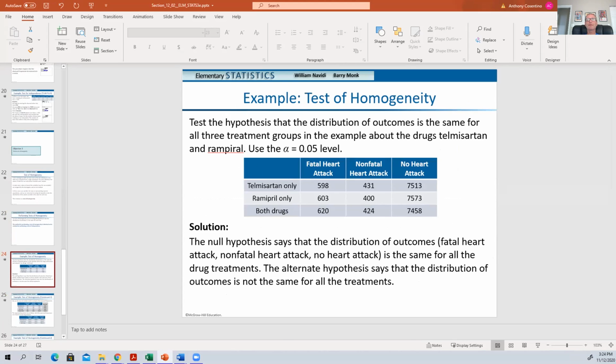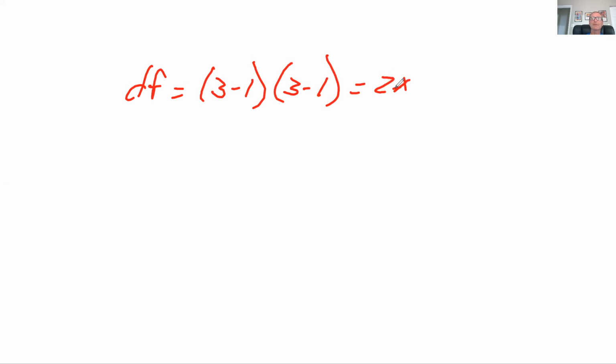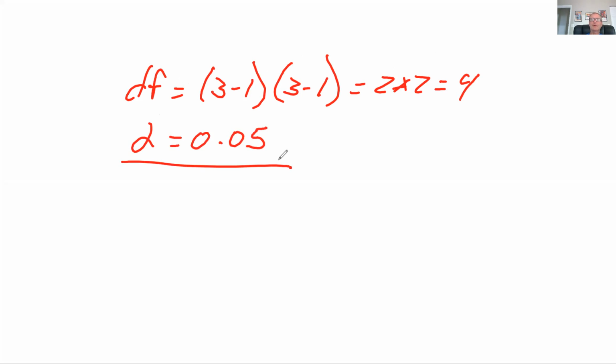So if we go to the whiteboard here, we'll have a degrees of freedom of 3 minus 1 times 3 minus 1, right? And so that would be 2 times 2, which would be a degrees of freedom of 4. And we have our alpha level of 0.05. Let's take a look at our table.